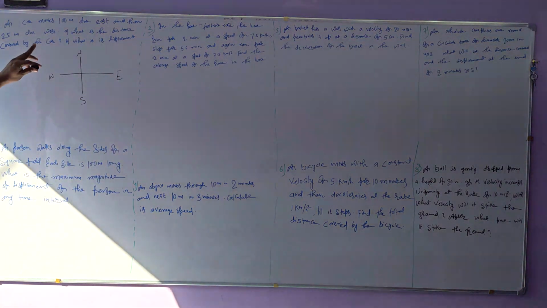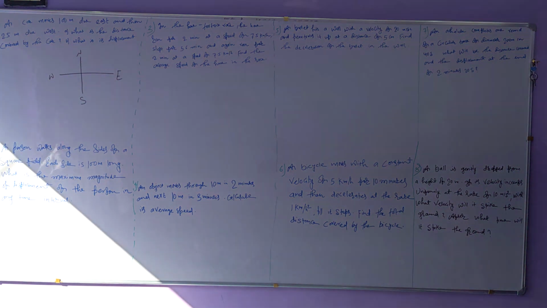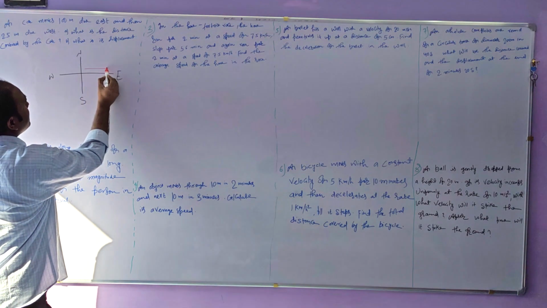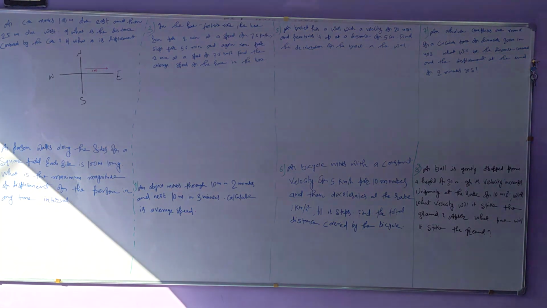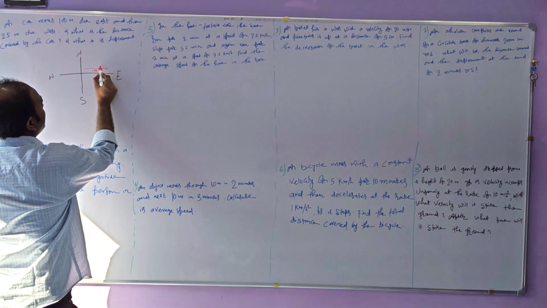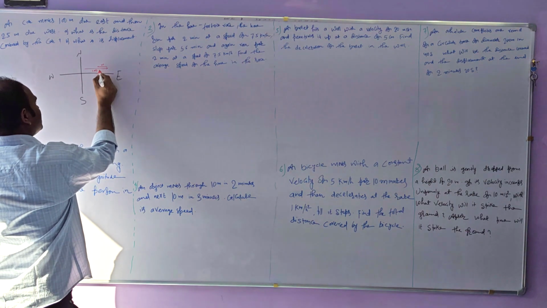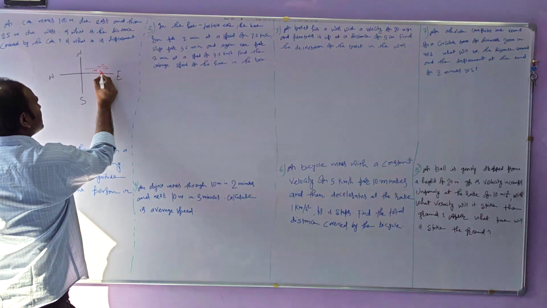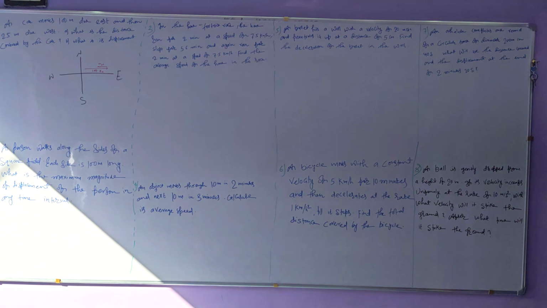A car moves 100 meter towards east and then 25 meter towards west. What is the distance?